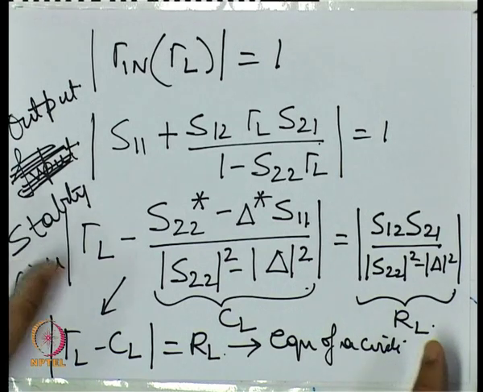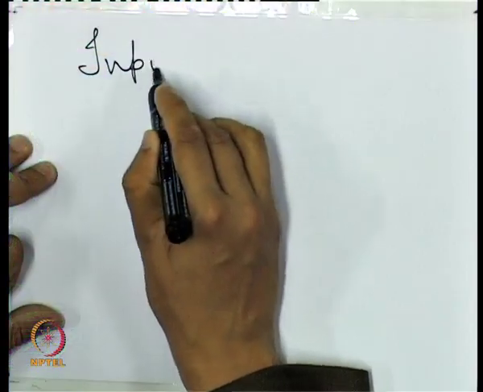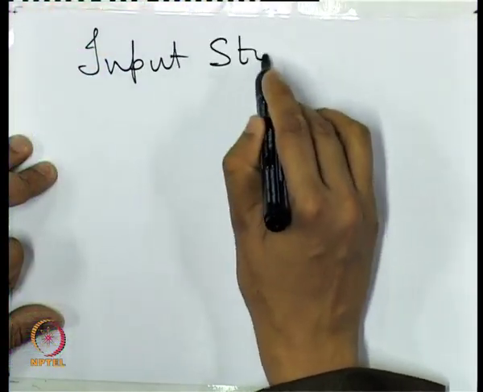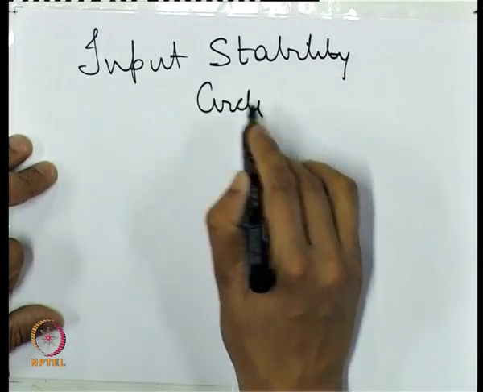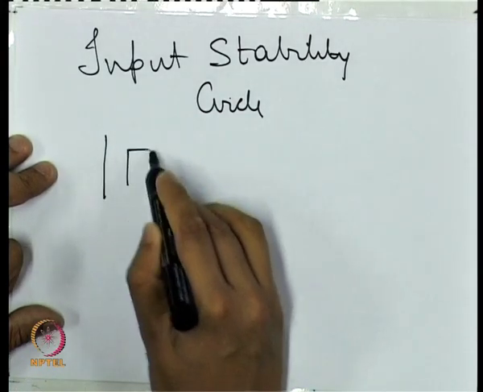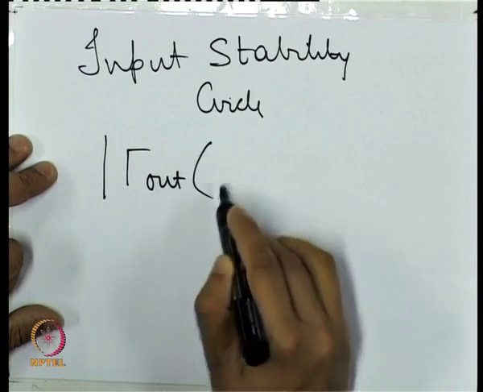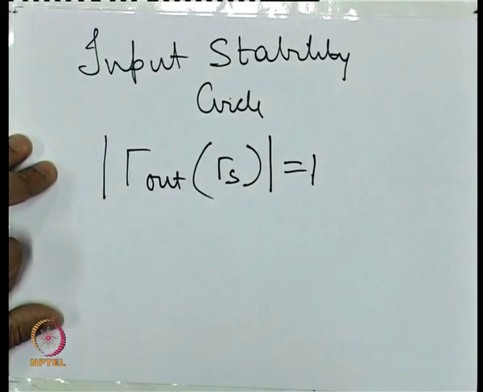Now similarly, we can also have the input stability circle, which is analogous to the output stability circle, but instead of gamma in, we will have gamma out modulus equal to 1.